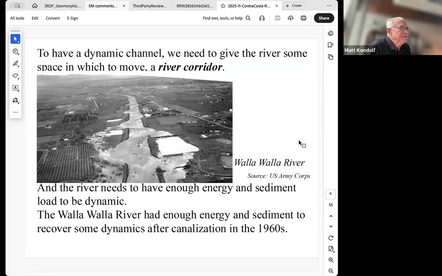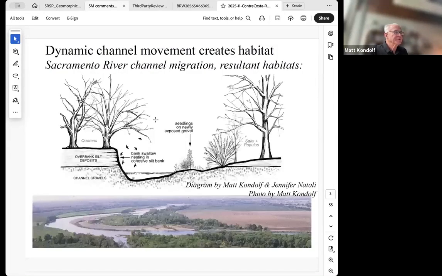As you can probably see on this image from the 1960s, the Army Corps of Engineers corrected, as the term used to be, this river. It took it from a sinuous pattern and made it nice and straight with levees along the sides. Then in a subsequent flood, the river had the energy to erode those levees, and you can see it's been restoring a meandering pattern through here.